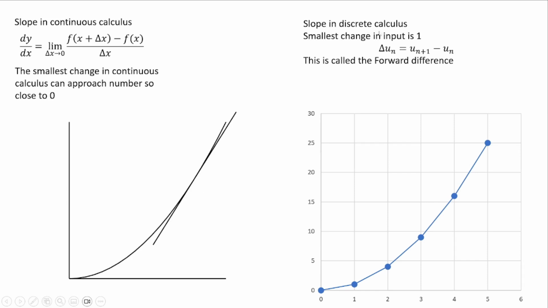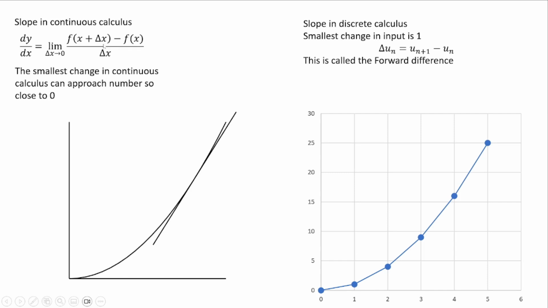Slope in discrete calculus, on the other hand: the smallest change in input in discrete calculus is 1. We don't have fraction inputs, so the step size of our input is 1. So we will have discrete values which have a change in input equal to 1.